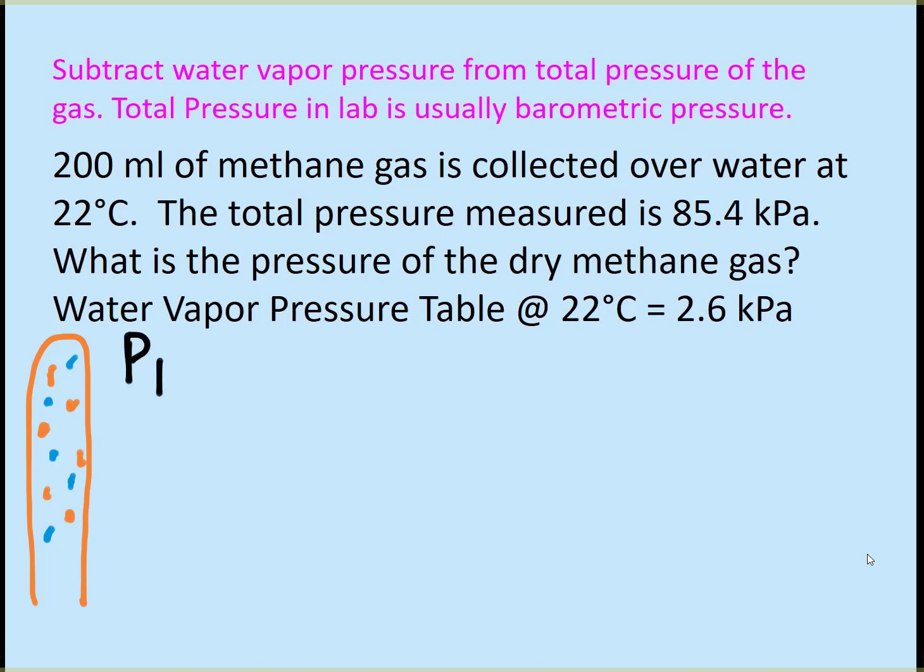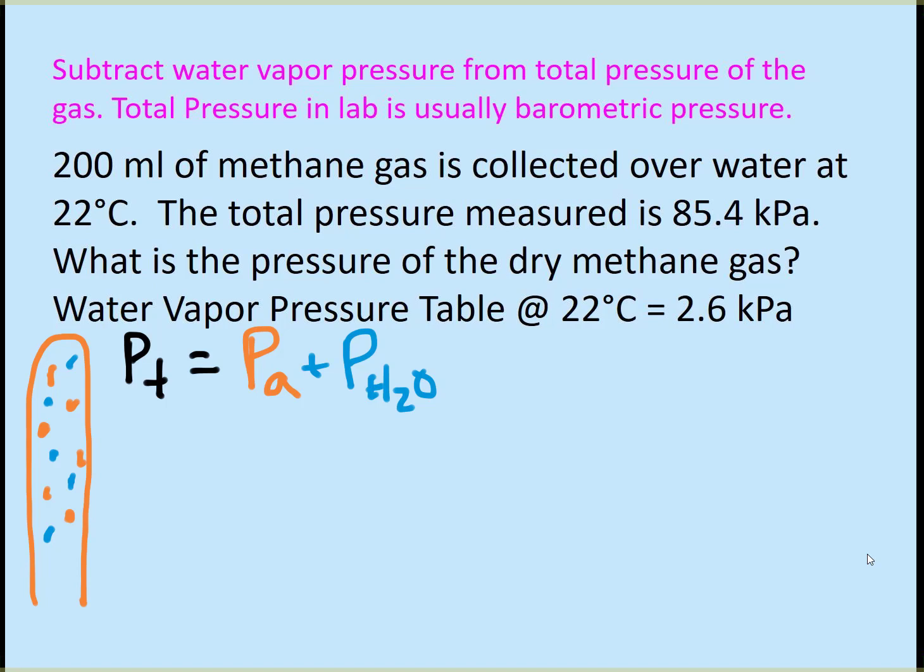So the total pressure will be equal to, again, the gas you're interested in, so I'll just say pressure A, and then also in this case, the water vapor pressure. Those added up together will give me my total pressure, which, as I said, a lot of times we just use the barometric pressure of the room because we measure the volume when the water level inside is equal to the water level outside.